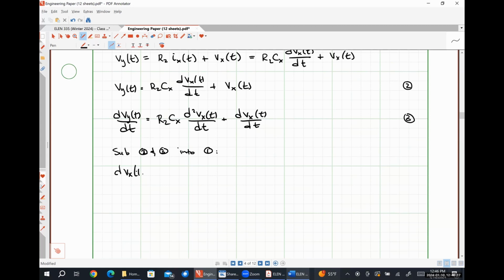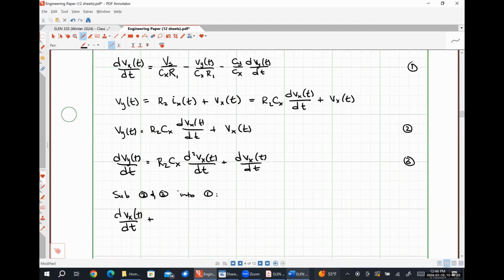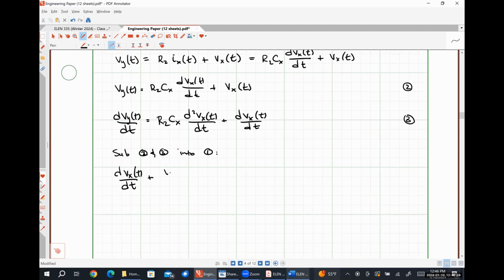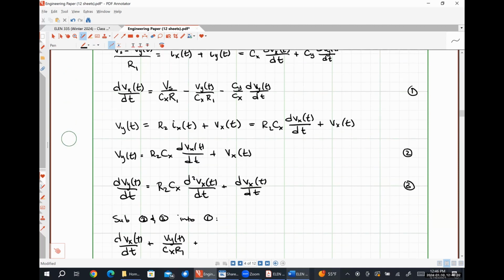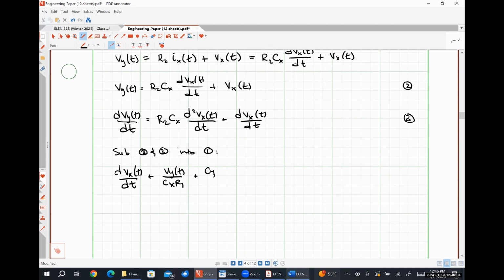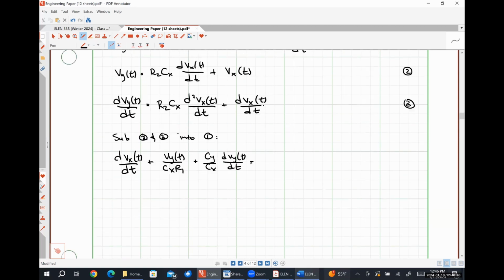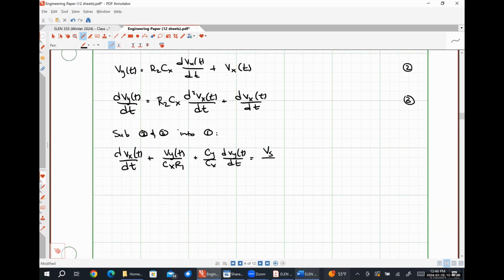So dVx by dt plus Vy divided by Cxr1 plus Cy over Cx times the derivative of Vy will be equal to Vs over Cxr1. So that's just rearranging equation 1.